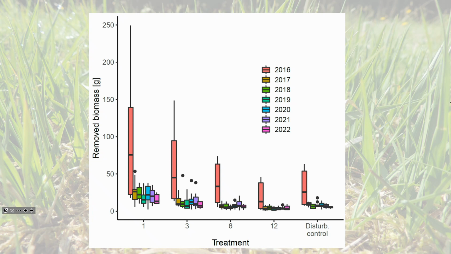So the first weeding was really intensive. You have seen also the picture where the plot was half empty, but already the next year it recovered. And this is cumulative biomass from 2 weeding events, so it's actually doubled compared to looking at just a single weeding event.